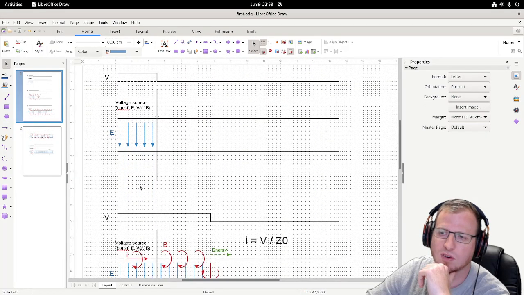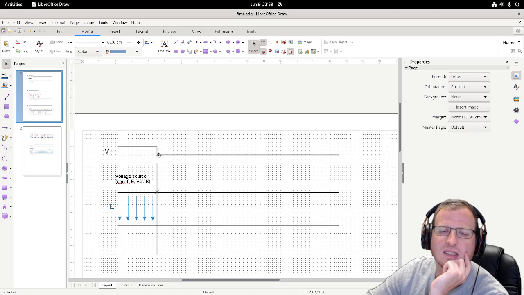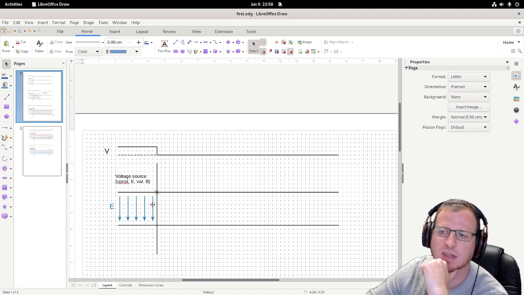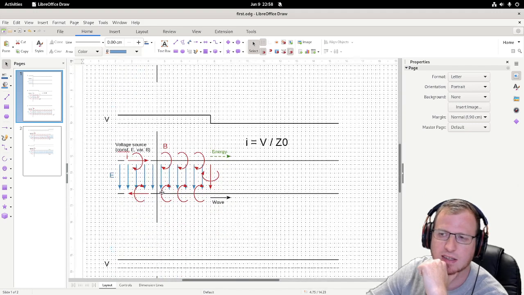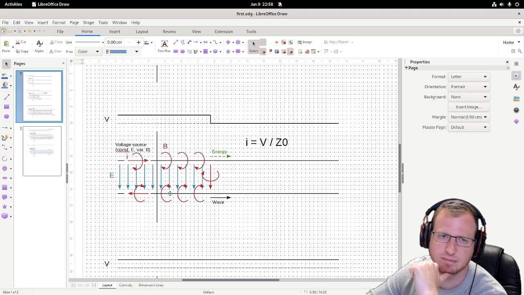The voltage source saw a difference of voltage, so it tried to, and the voltage on the outside was lower than the voltage on the inside, so it tried to establish the same electrical field on the outside as on the inside, and this is done by an outgoing current here.